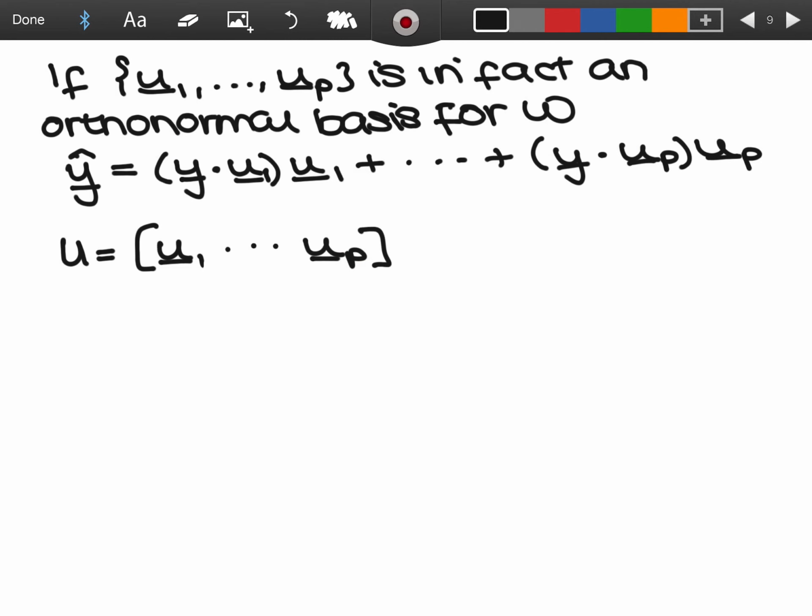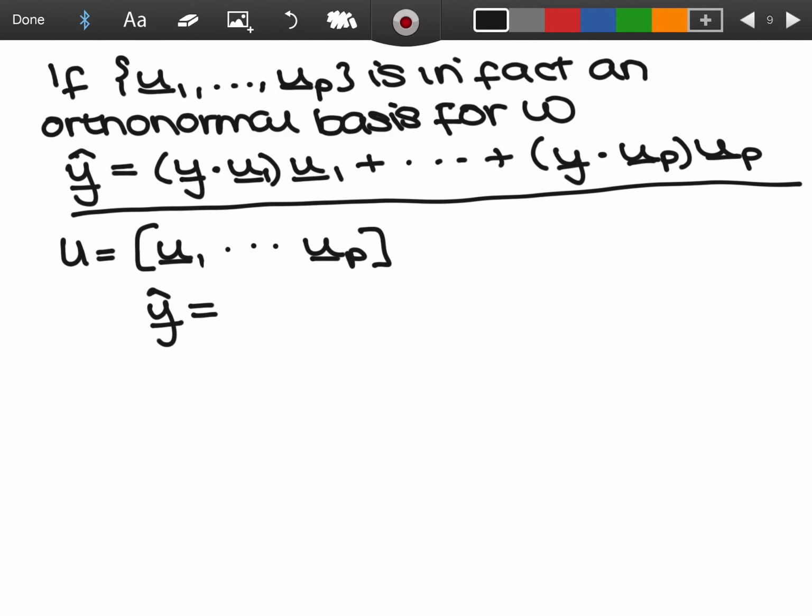What does that mean? Well, I can rewrite this formula, and I can rewrite it as Y hat is actually equal to U times U transpose times Y. So why can I rewrite this equation like this?